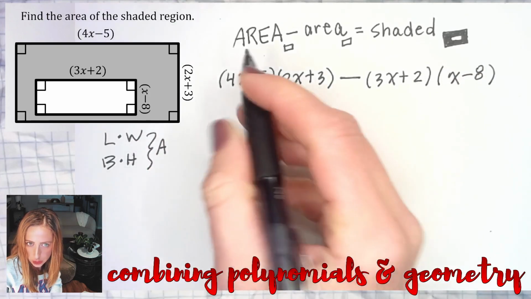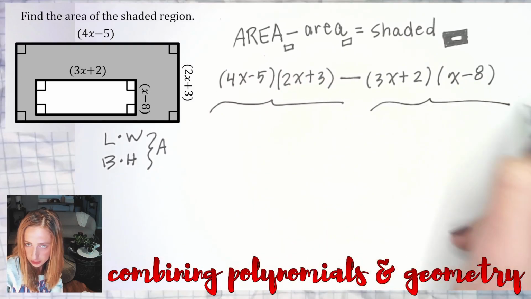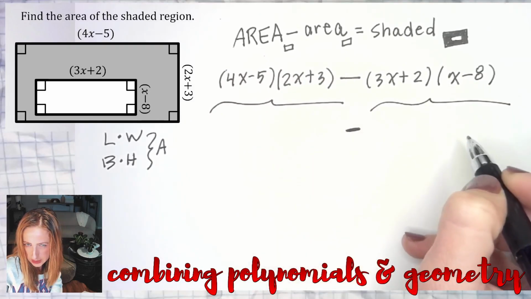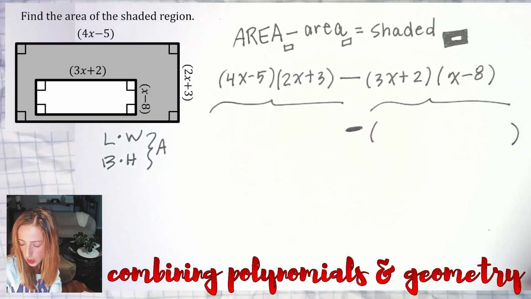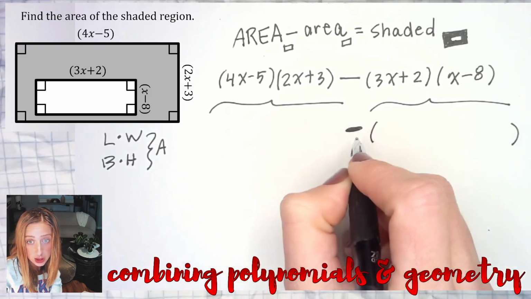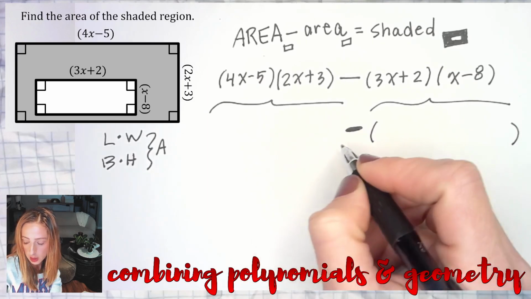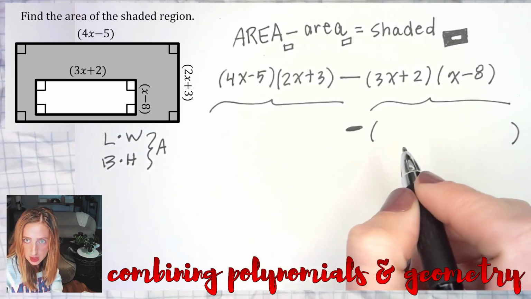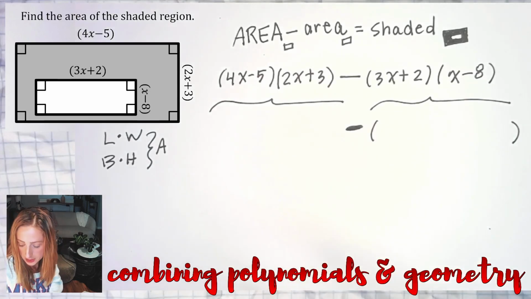Now we're going to use FOIL to figure out each of these areas, and then we'll still be subtracting. Because I have this minus sign, as you'll see in the next example as well, we are going to keep parentheses here. If you were adding these areas, the parentheses wouldn't be necessary, but since minus means you're adding a negative, and negative means opposite, parentheses are necessary.